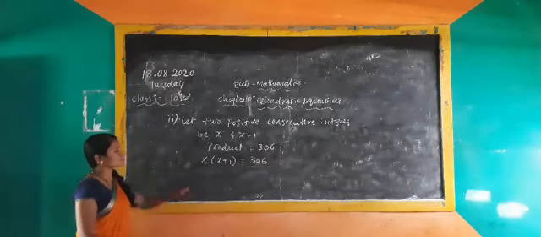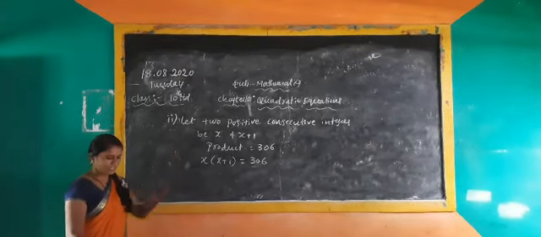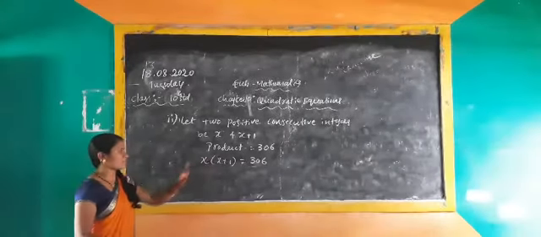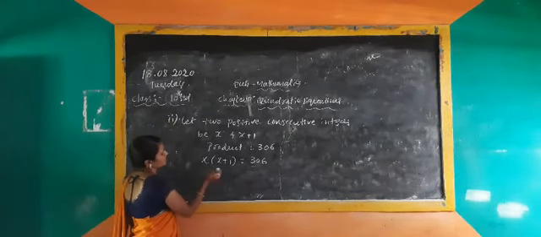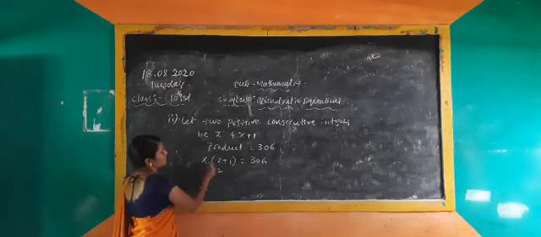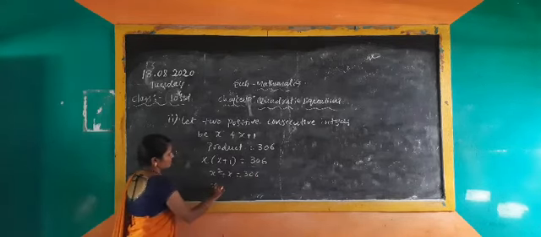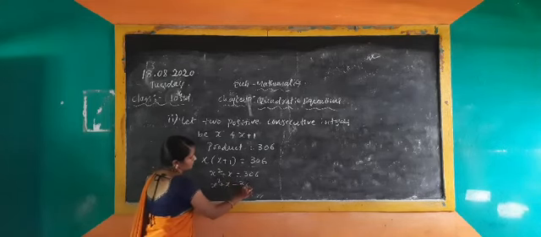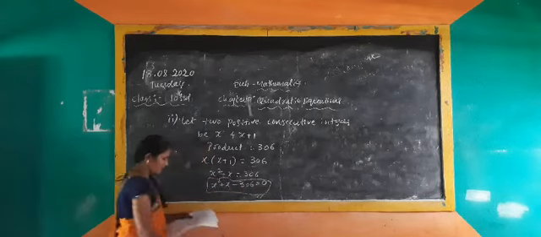Why, madam? Here product was asked in the question, that's why I have taken the product. If addition or sum was asked, you would take plus, and if minus, you would do the minus. Okay, next step, you know the general method: x into x is x square, x into 1 is x, is equal to 306. x square plus x minus 306 is equal to 0. It is the quadratic equation.